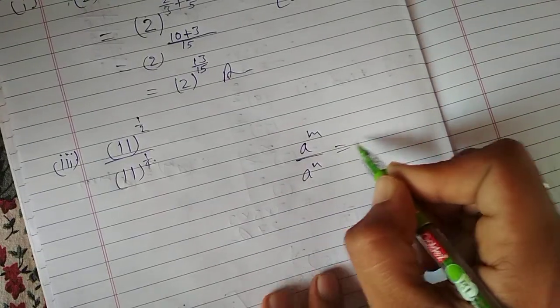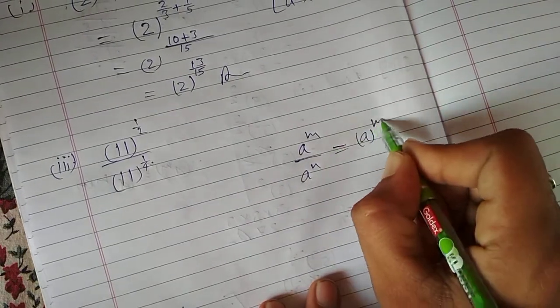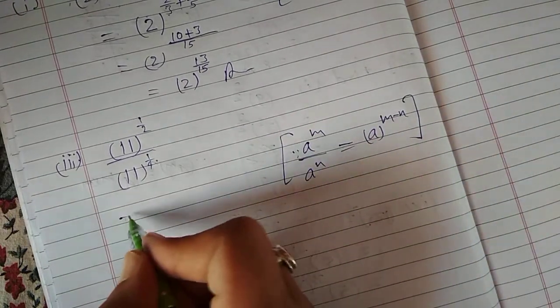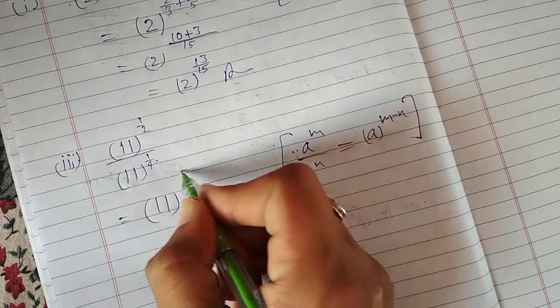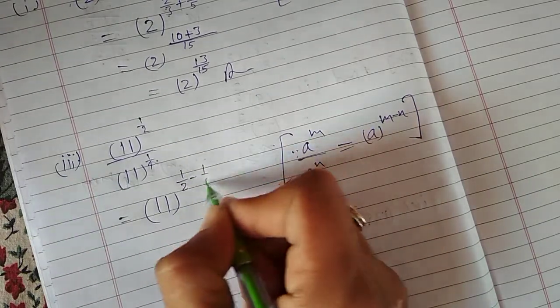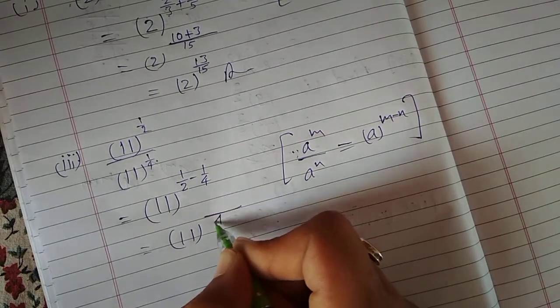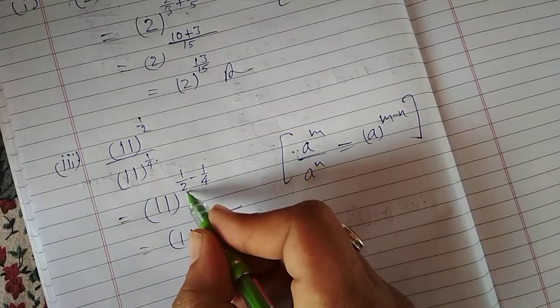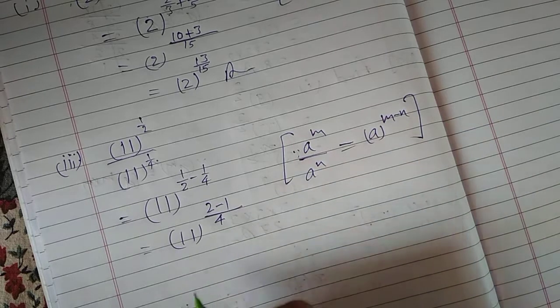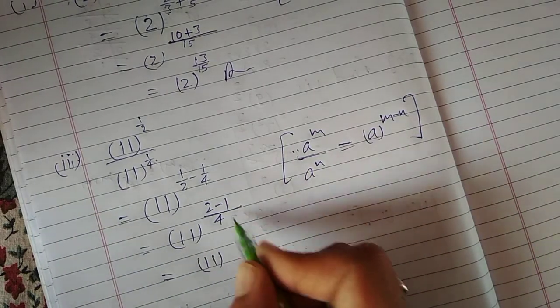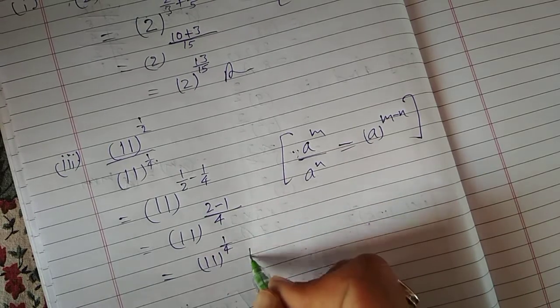In division we can write a raised to the power m minus n. Now 11 raised to the power 1 upon 2 minus 1 upon 4. Now 4 is the LCM in the power. 4 divided by 2 equals 2, minus 1. Now the answer will be 11 raised to the power 1 upon 4.